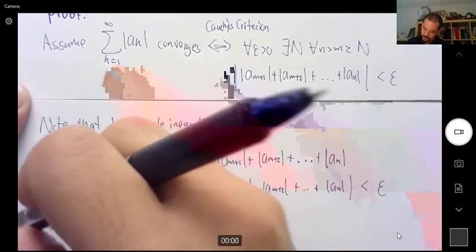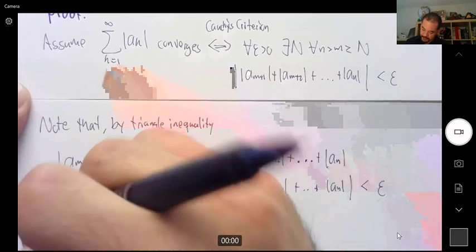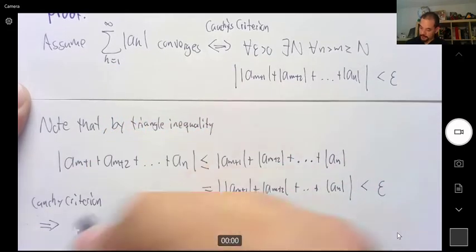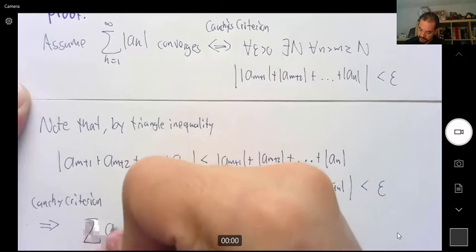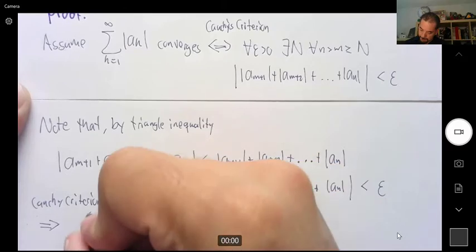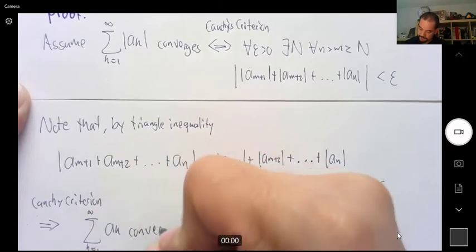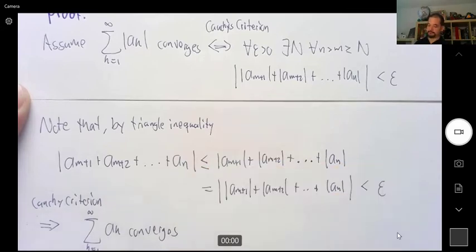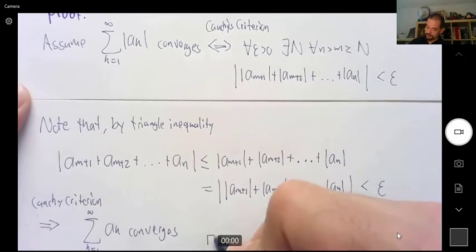Therefore, by using the Cauchy criterion backwards, in this direction, we get that this one converges. And that's the end of the proof.